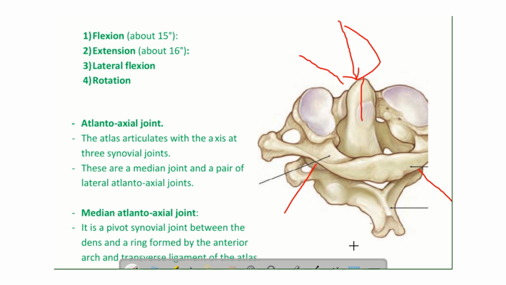The movement permitted here is rotation, either to the right or to the left, as when you say no, the head rotates to the right or to the left. These are the craniovertebral joints, atlanto-axial joint and atlanto-occipital joint.